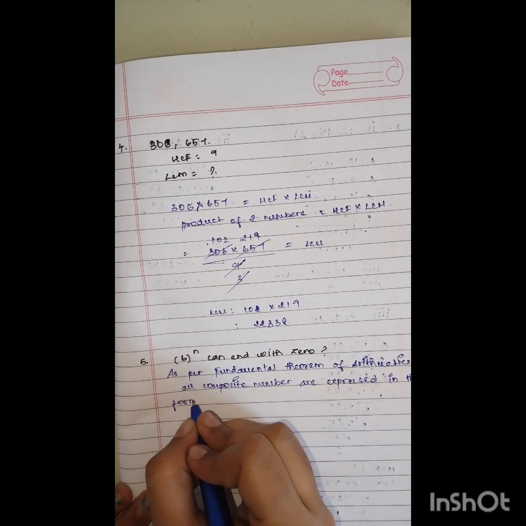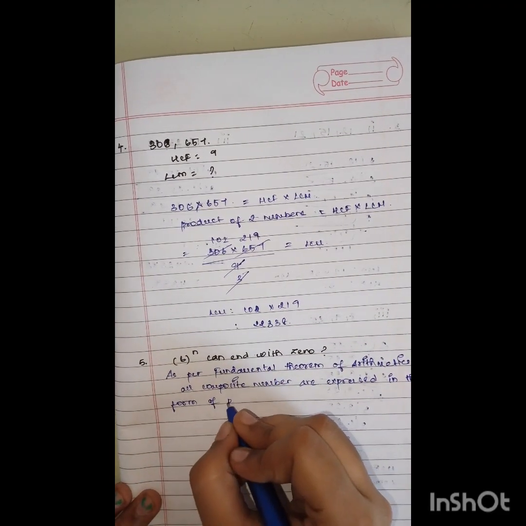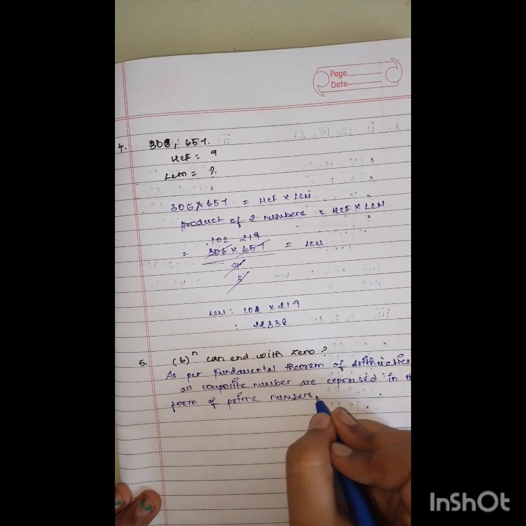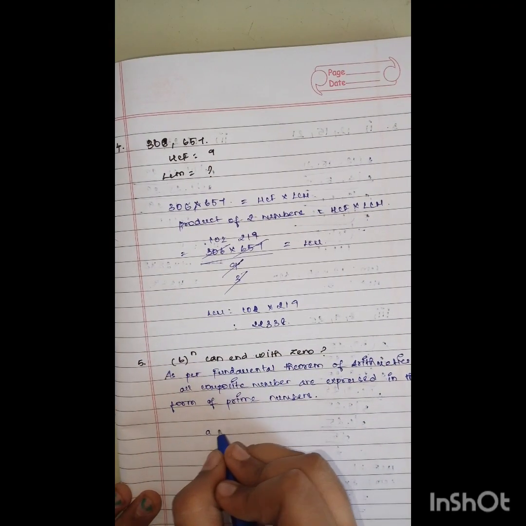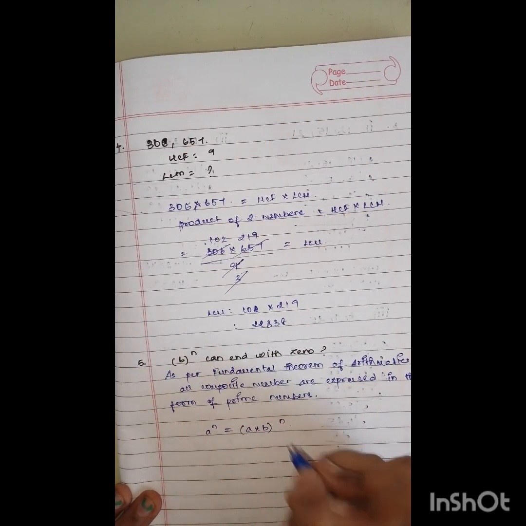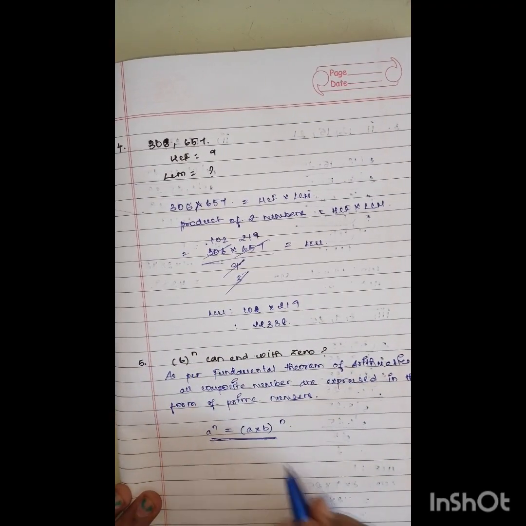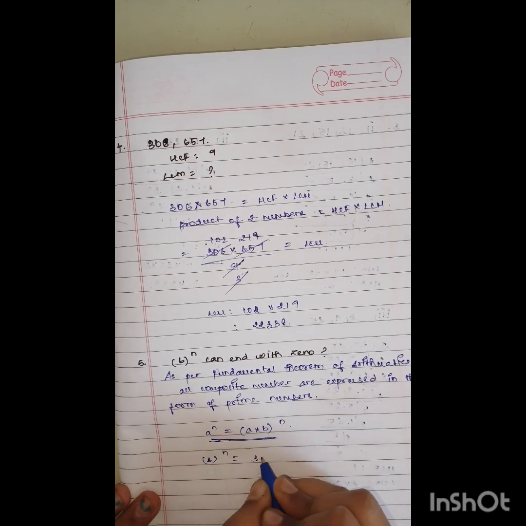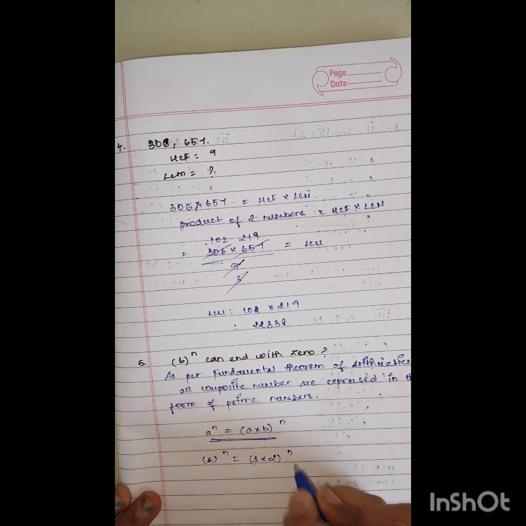In this question, the theorem carries 1 mark, and the explanation carries 1 mark. Thereby, it's mostly asked as a 2 mark question. It uses the exponent formula: (a into b) to the power of n is equal to a to the power of n into b to the power of n.